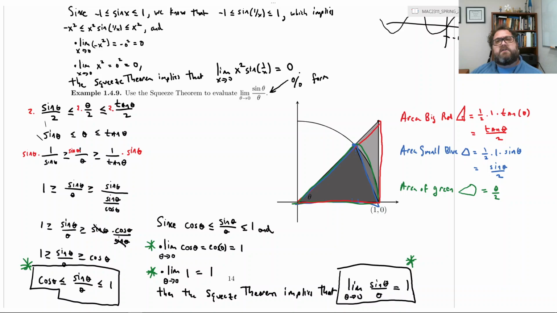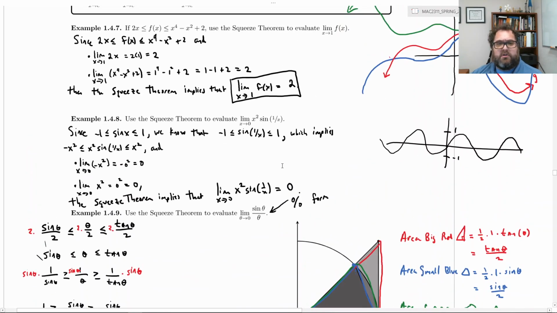Usually a squeeze theorem type question on the test would be more along the lines of the first example, where I just want you to make sure that you know how the squeeze theorem works, where maybe I give you the first condition, which is the inequality, and then you have to show the limit of the right-hand function and the left-hand function as x approaches c is equal, which implies that the limit of the middle function as x approaches c is equal to that same limit.